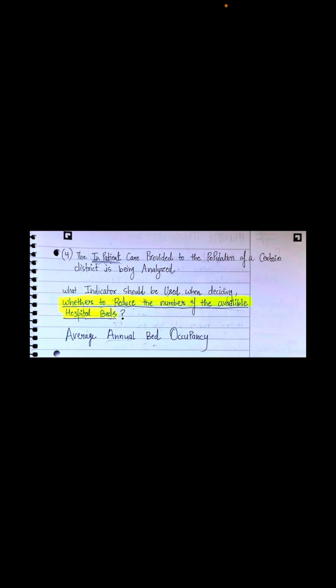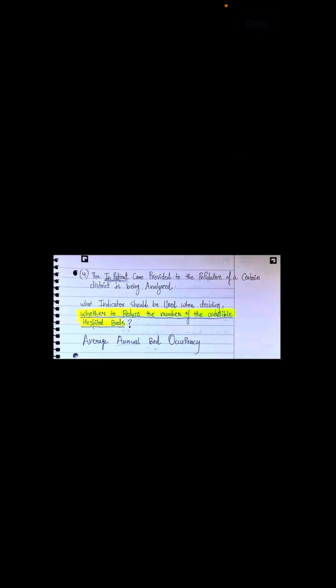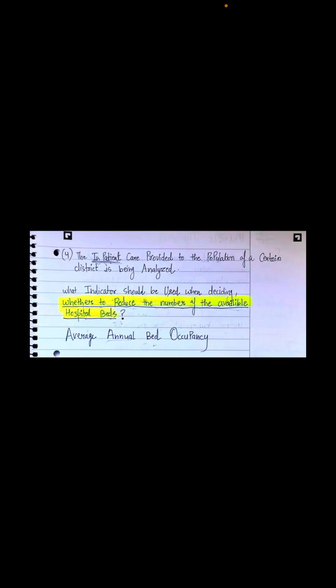What indicator should be used when deciding whether to reduce the number of beds available in the hospital? So they are thinking about reducing the number of beds in the hospital. For that, what do they need to know? They need to know how many patients were registered in the inpatient department in the whole year. So they need the average annual bed occupancy. Just remember this, I have highlighted it as well.